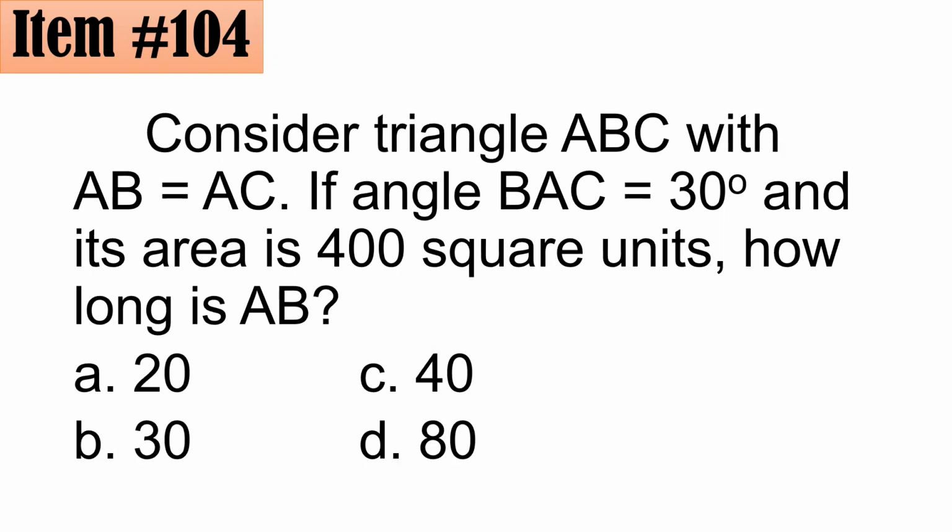Letter C. You would say letter C, 40. So far, 3 people commented that answer. I'm not sure if this is correct. What do you think? May sumagot naman po ng B. Okay? Tama nga kaya.